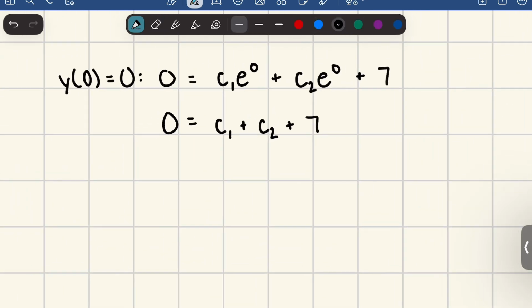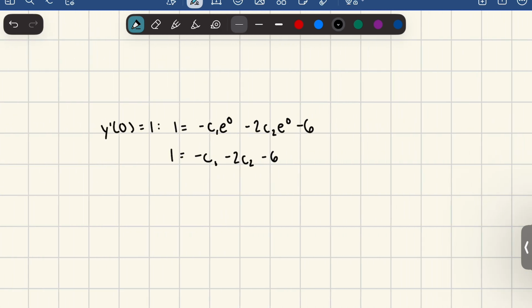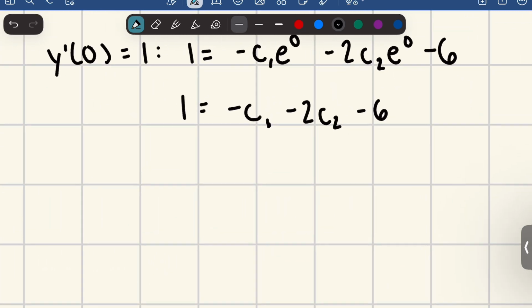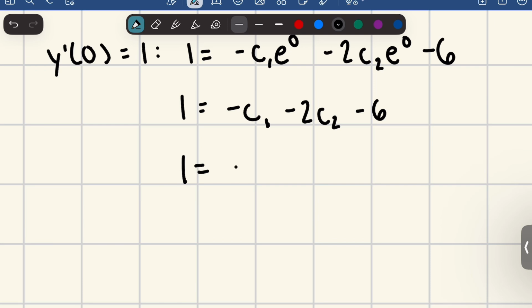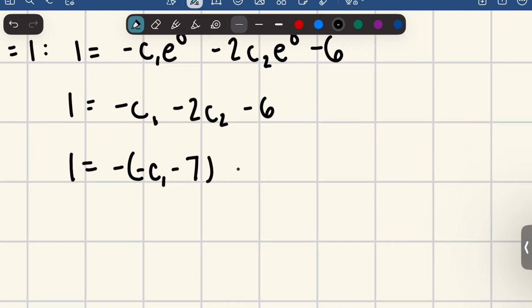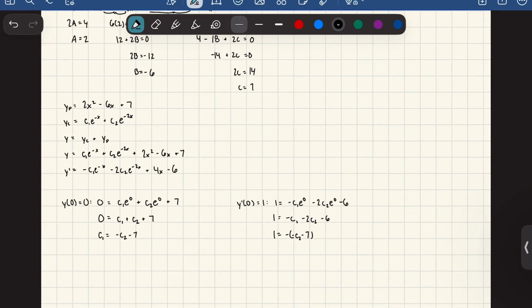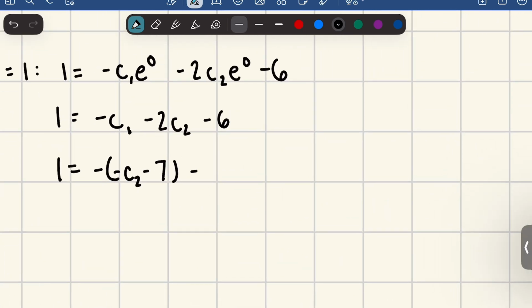So just for example, I'll do C1. C1 equals, if I were to move C2 and 7 to the left hand side, negative C2 minus 7. Then I'm gonna sub that into here. So 1 equals negative C1 minus 2C2 minus 6.